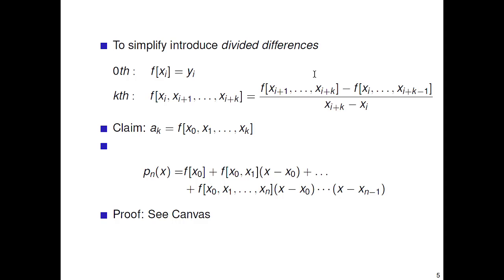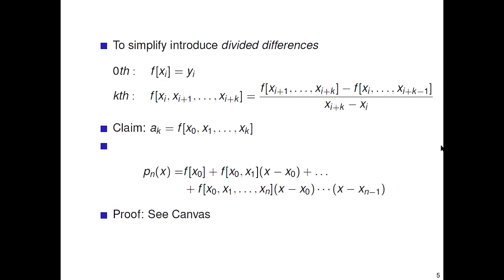Now I'm going to have a lower order divided difference. So this doesn't start at i here, it starts at i plus 1 up to i plus k. So this is really a k minus first order divided difference. And this, again, is another k minus first divided difference. They're just starting at different points. And then here I'm dividing by the run, the latest value of x minus the earliest value of x.